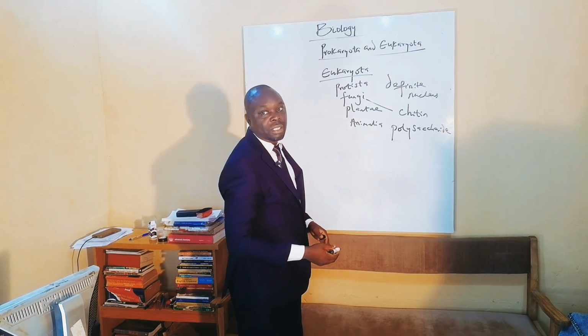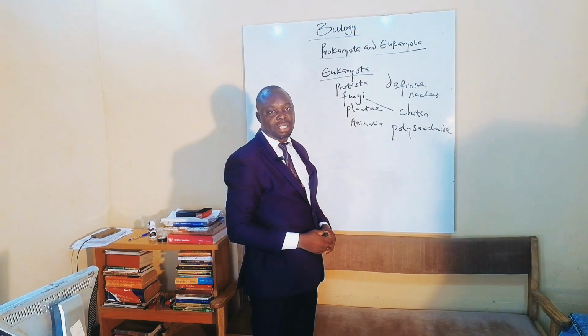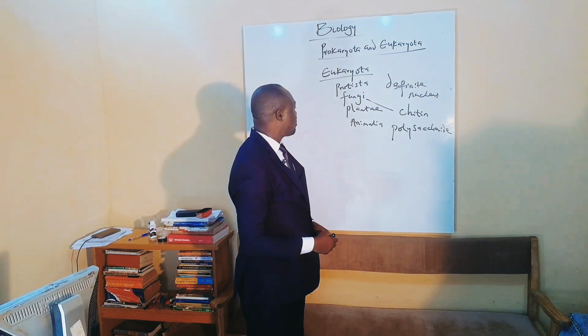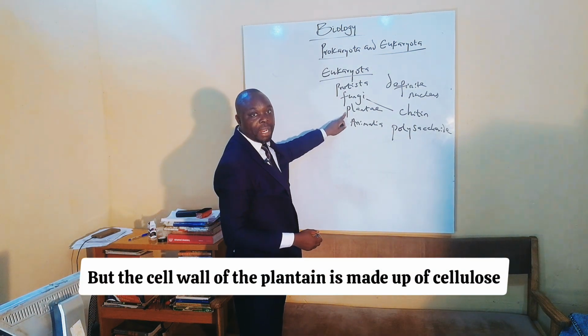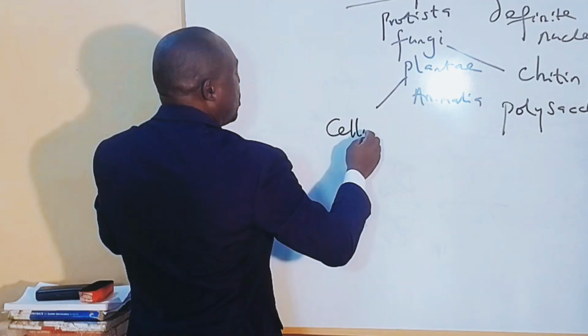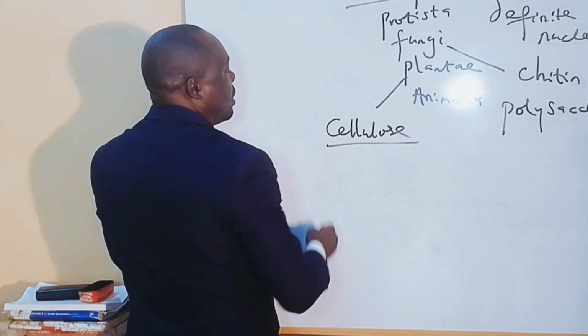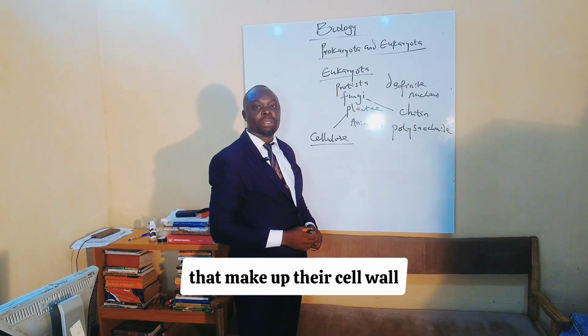What is polysaccharide? Polysaccharide means composites of simple sugars. But the cell wall of the plantae is made up of cellulose.